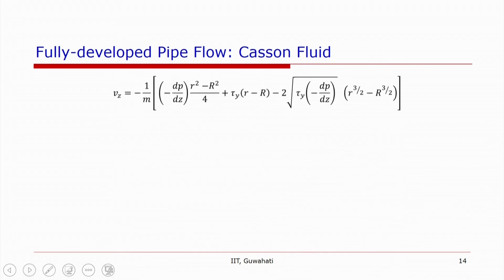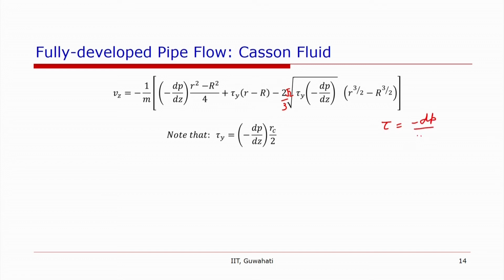And now bring this here again, and in this let us notice that tau is equal to minus dp by dz at r by 2, and if we do that at r is equal to rc, where tau is equal to tau y.